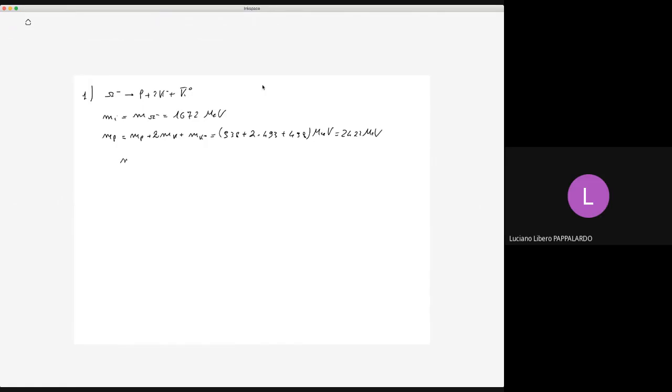Okay, so the mass in the initial state is smaller than the mass in the final state. So energy conservation will be violated. Okay, we don't have enough energy in the initial state to allow this decay. And this is the same reason also for the other two. This you can check yourself by plugging in the numbers.